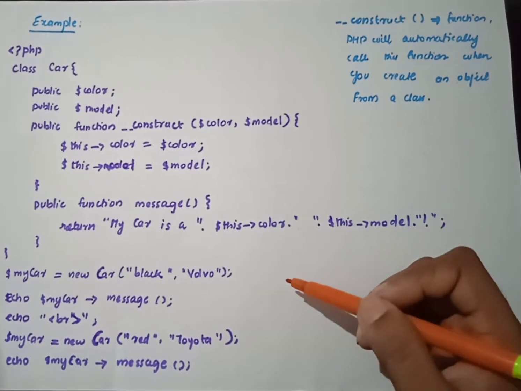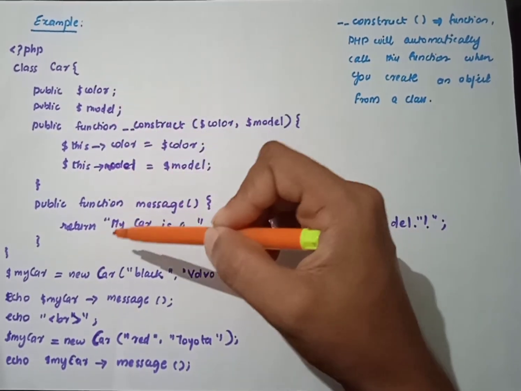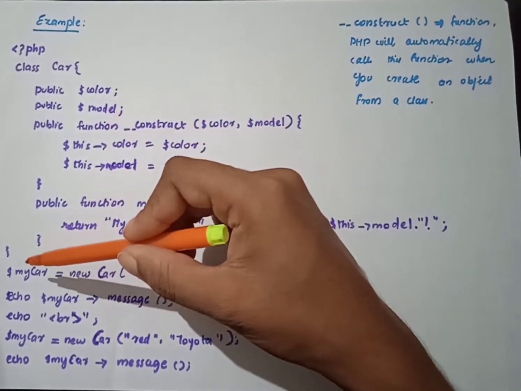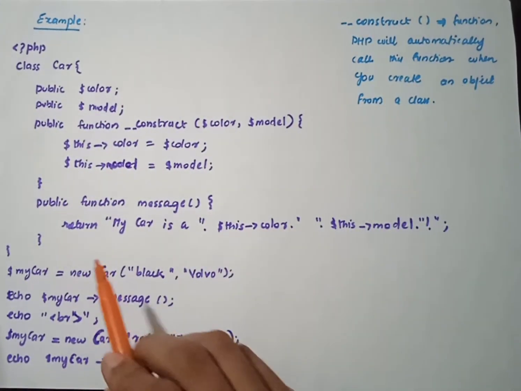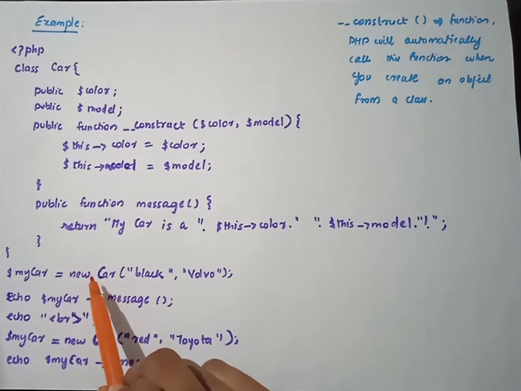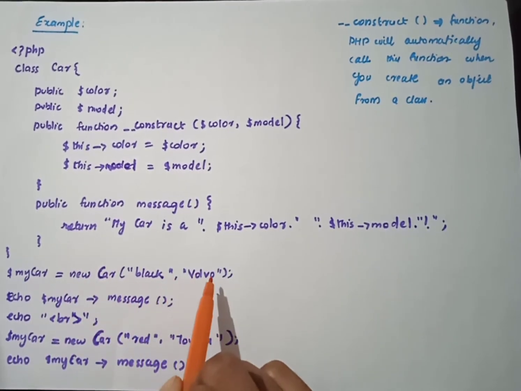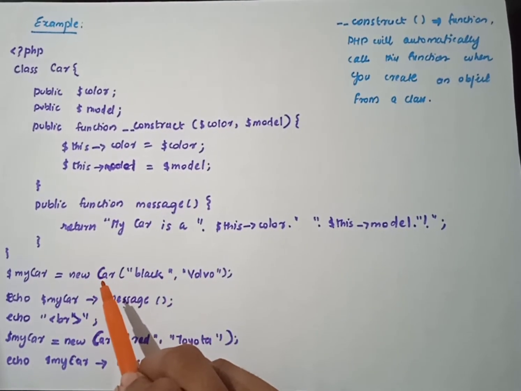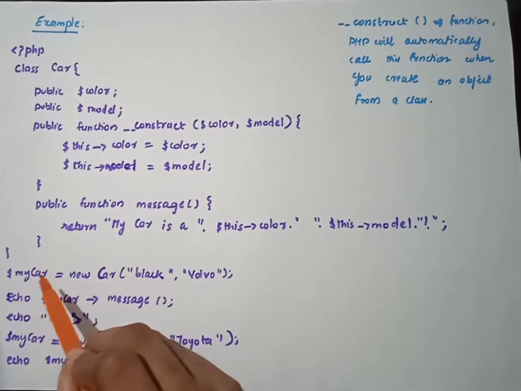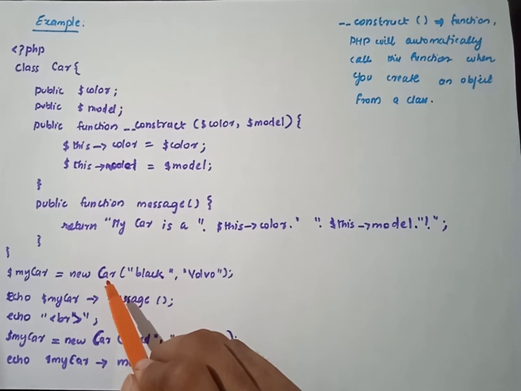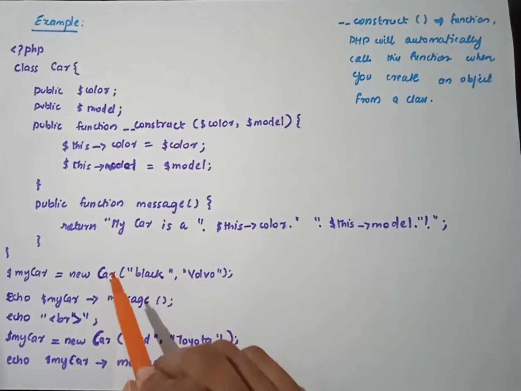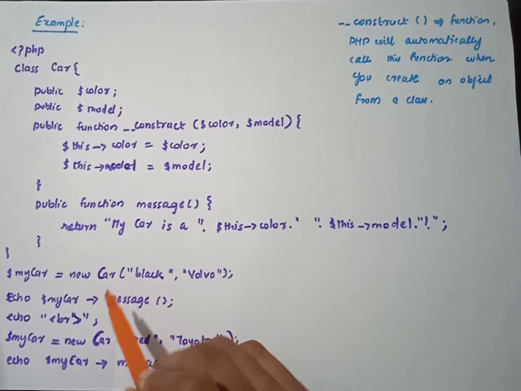Okay, and we completed two of our functions, and we just come out of the class too. Then we defined a single variable like my car is equal to new car black comma Volvo. So as you can see, this is a variable, but still it calls the class name car here. So what will automatically happen?